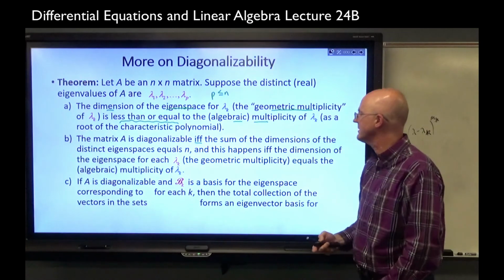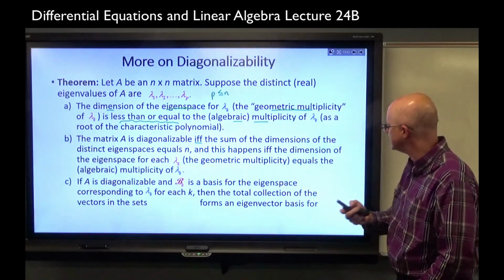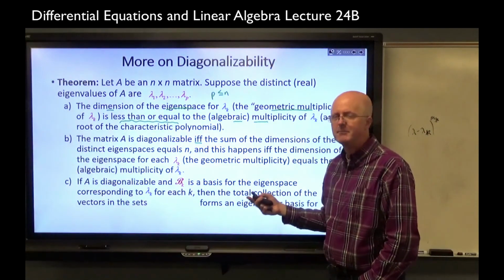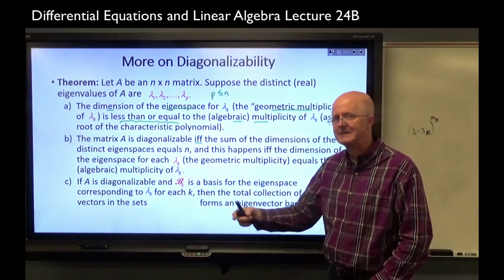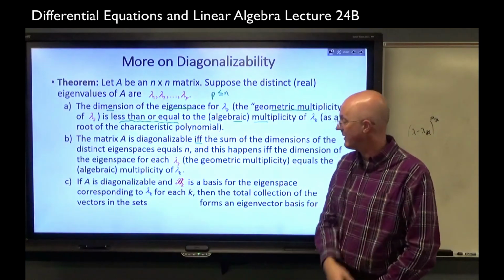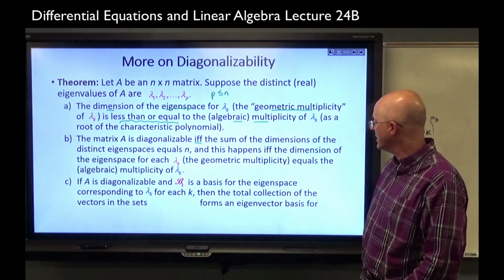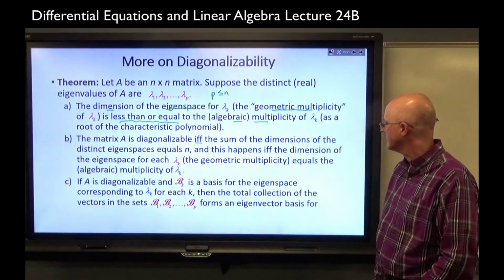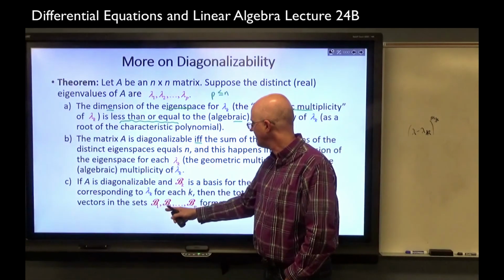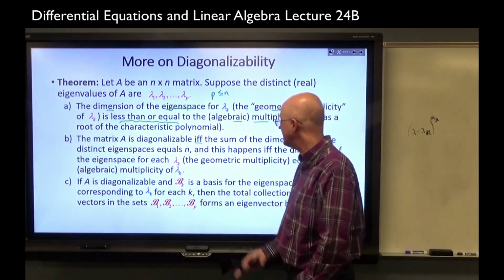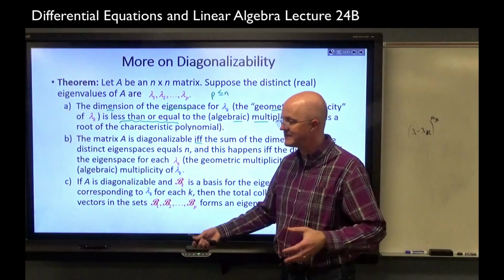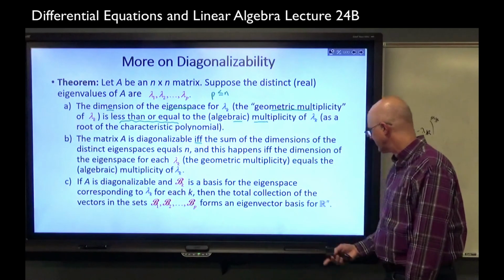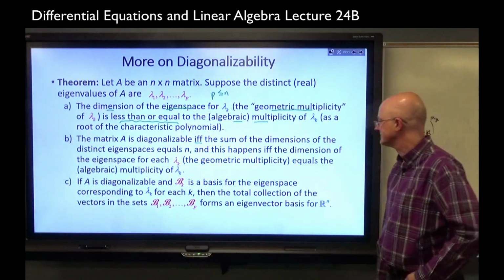If A is diagonalizable and if B k is a basis for the eigenspace of lambda k for each k, so there'd be a B1 and a B2 and a B3 that are bases for the eigenspaces for lambda 1 and lambda 2 and lambda 3, etc. Then if you merge all those bases together, B1, B2 through Bp, take all the vectors in each of those bases and put them into one bigger set, it will form an eigenvector basis for Rn if A is diagonalizable.